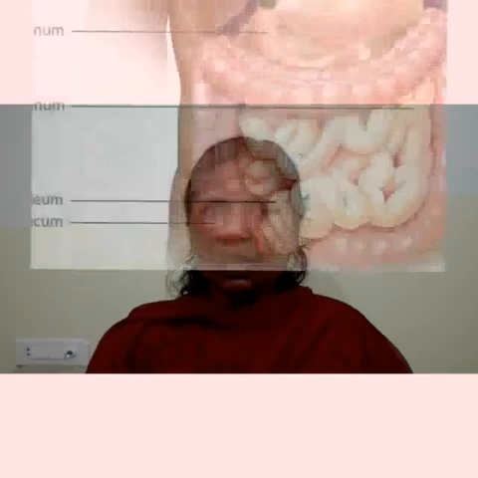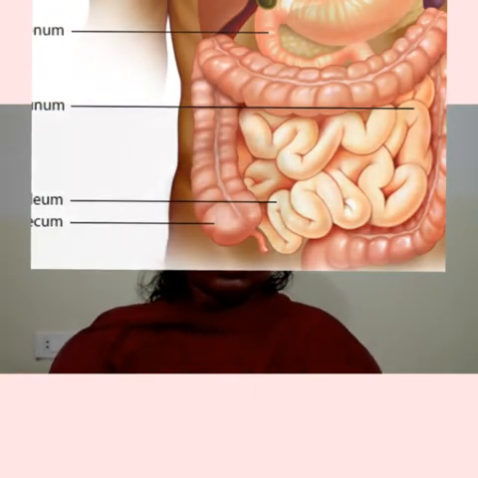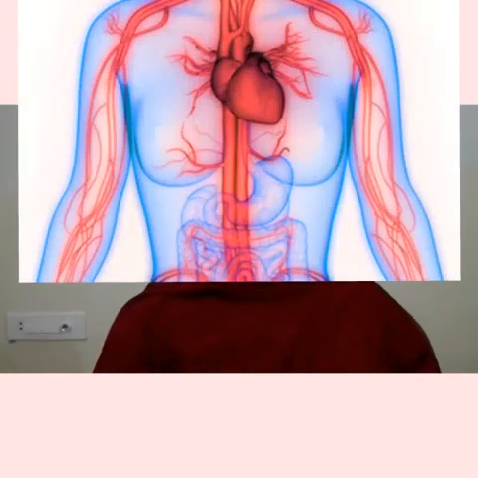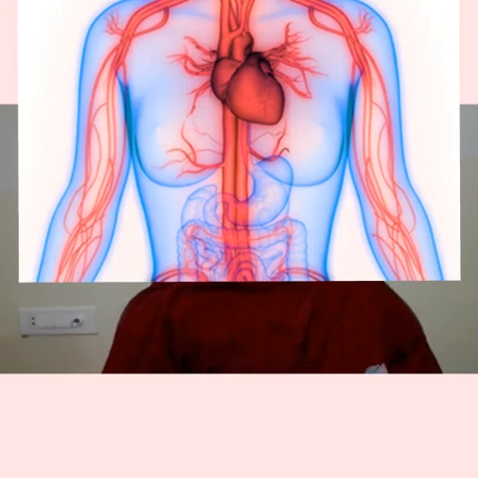Then after that, we can see this nutrients and oxygen reach the cells through blood. Then blood vessels and the heart are the main parts of this organ system named the circulatory system.